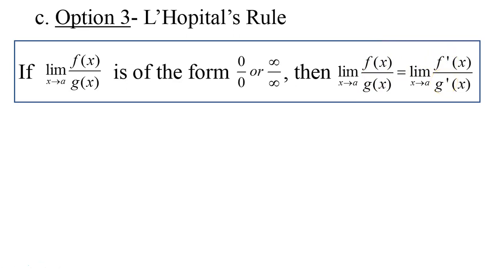Please do not confuse this with the quotient rule for derivatives. We are not taking f prime g minus f g prime over g squared. Not what we're doing here. These are limit properties, not derivative properties. All it's saying is if I get an f over g limit that's indeterminate, I can get the same answer if I derive the top and derive the bottom.